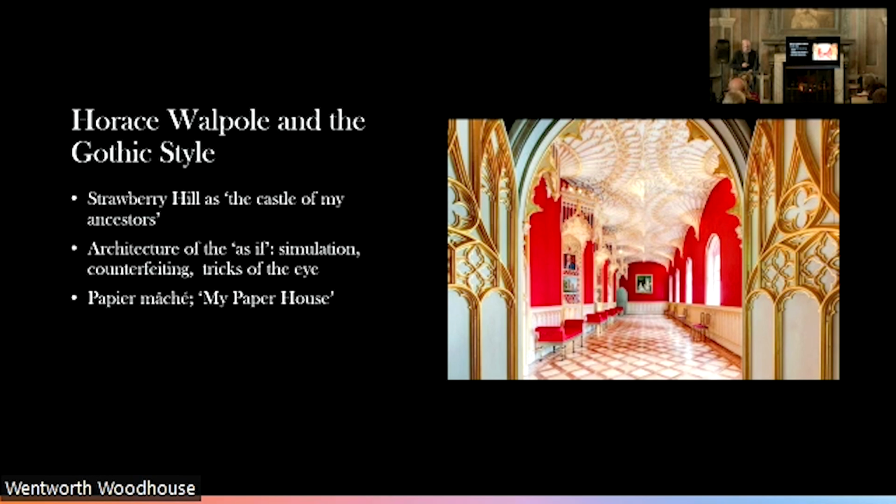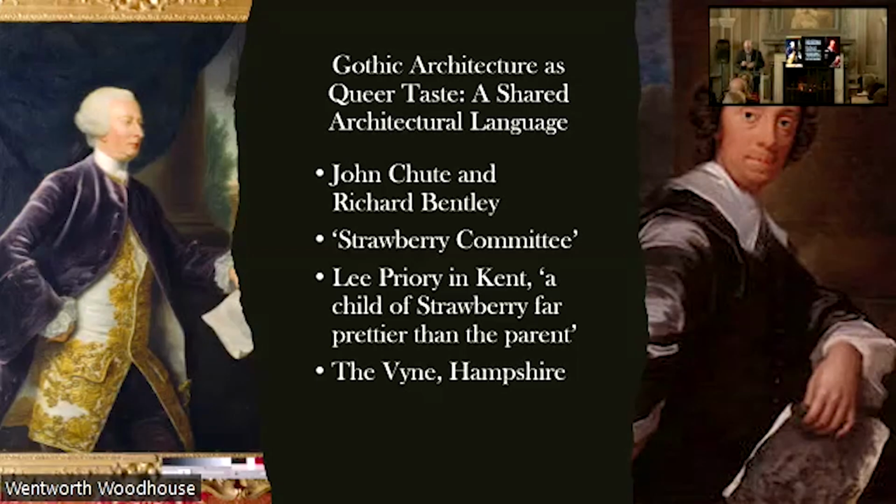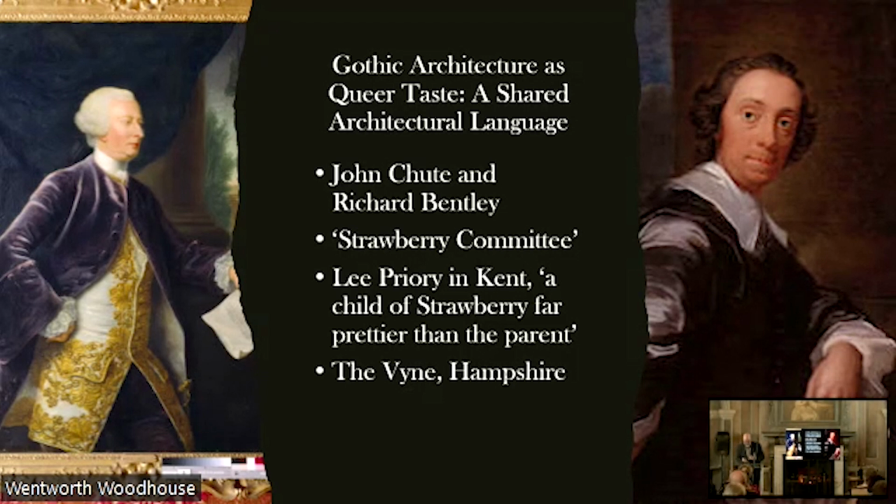Others have suggested, intriguingly, that one of the reasons why Walpole chooses the Gothic style is because it was an architectural language, a mode of signification through which he and his circle of bachelor male friends could articulate their marginalized sexualities, like his close friends John Shute, who owned the Vine, and the artist and illustrator Richard Bentley.